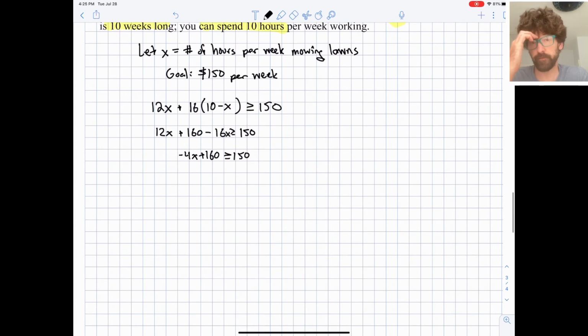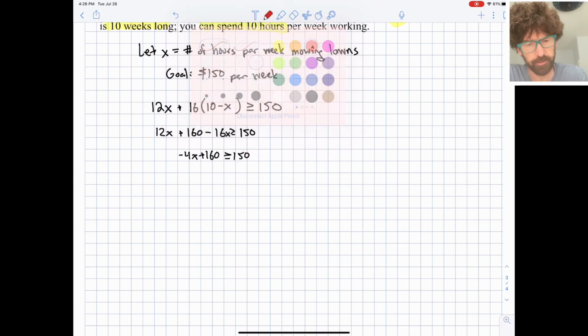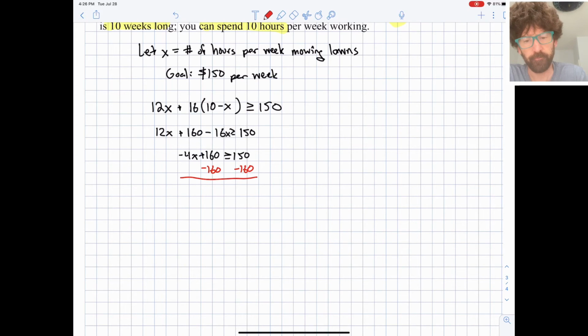Let's go ahead and solve it and then try to interpret what it means. It's going to be a little bit complicated to figure out what it actually means. So I can subtract 160 from both sides. And these guys cancel. We have a negative 4x is greater than or equal to negative 10.